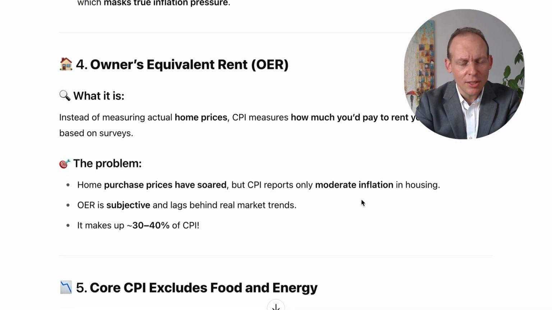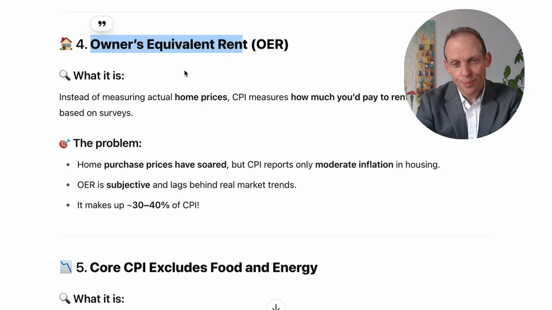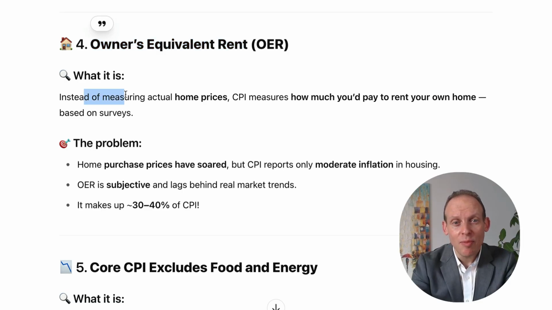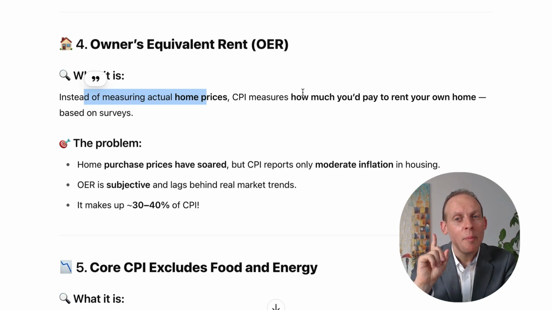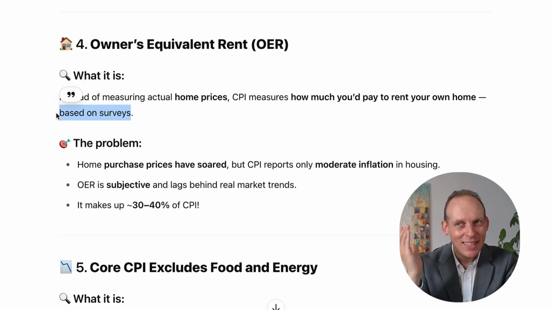Then there's additional ways that inflation is manipulated, like owner's equivalent rent, OER. It's confusing sounding. Instead of measuring actual home prices, CPI measures how much you would pay to rent your own home based on surveys. Based on surveys, of course. Come on, that doesn't even sound legitimate. The problem is that the purchase prices have soared, but that's not reflected, right?